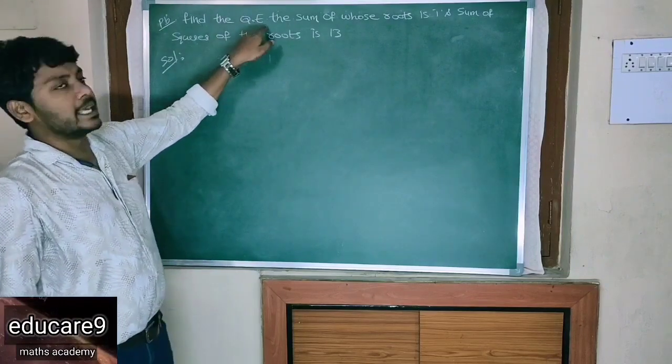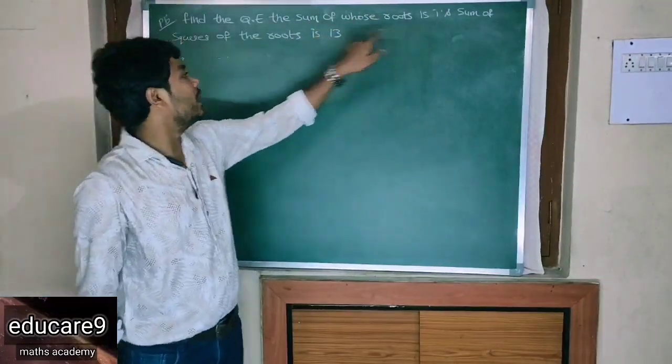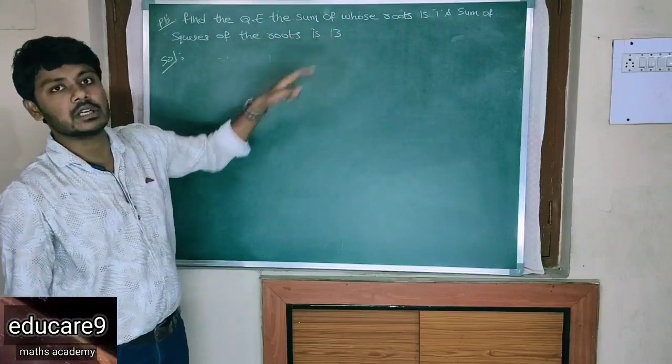So finally, quadratic equation: sum of the roots is 1 and sum of the squares of roots is 13.